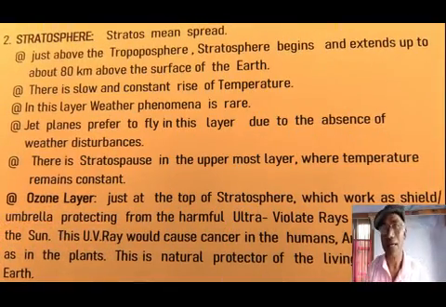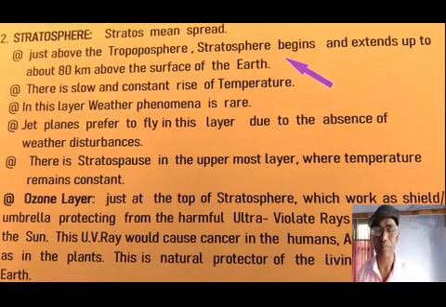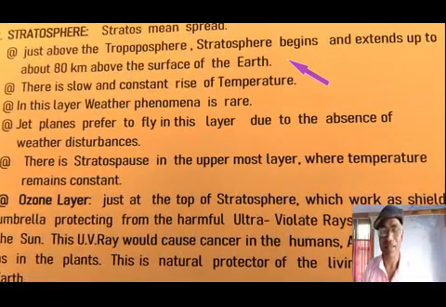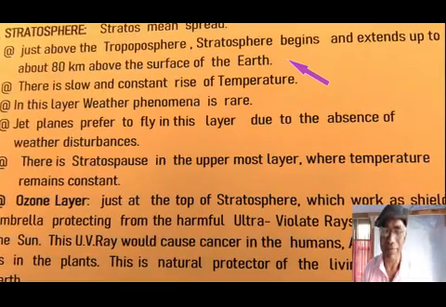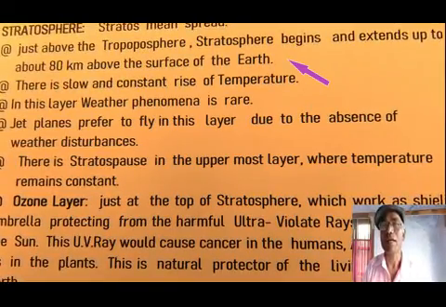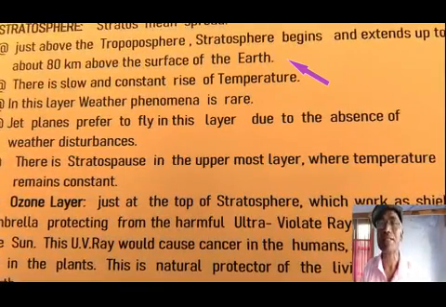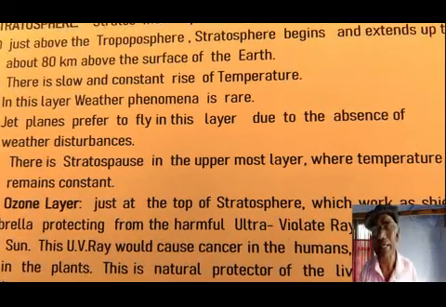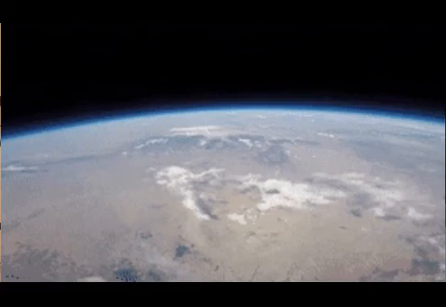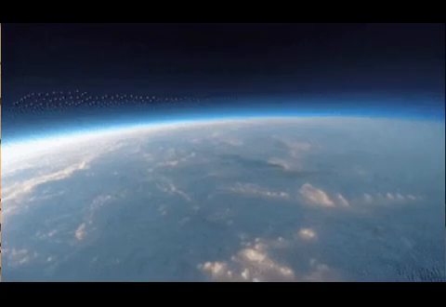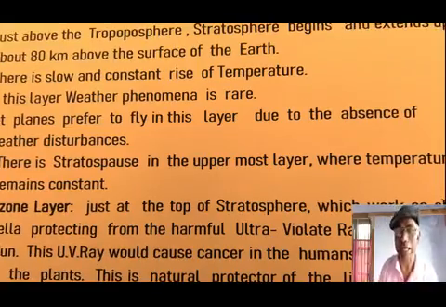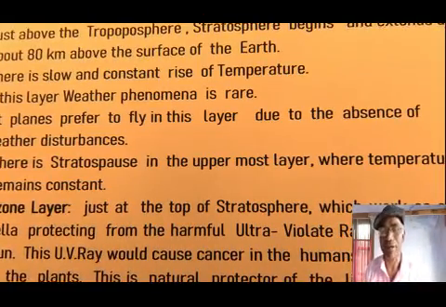Second, the stratosphere. Stratos means spread. Just above the troposphere, stratosphere begins and extends up to about 80 kilometers above the surface of the earth. There is slow and constant rise of temperature.